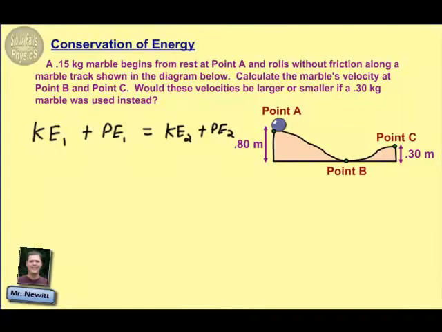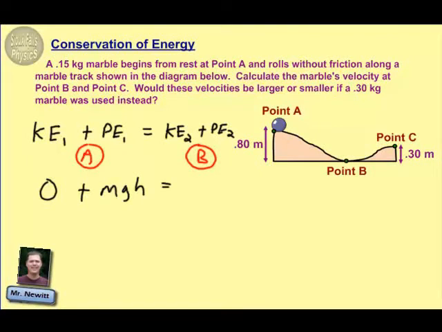KE1 and PE1 coincide with the marble being at point A. KE2 and PE2 coincide when the marble is at point B. At point A, we know this marble starts from rest, so our kinetic energy to start with is zero. I have zero velocity. All that marble has at point A is potential energy, which is equal to mgh.